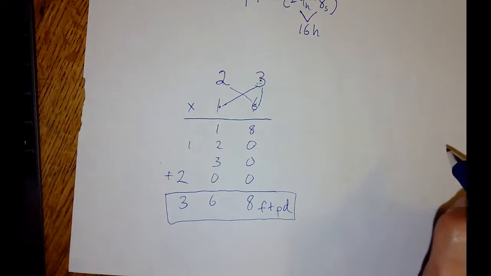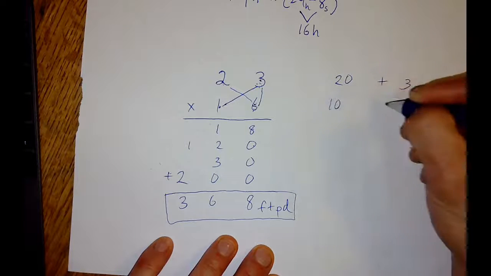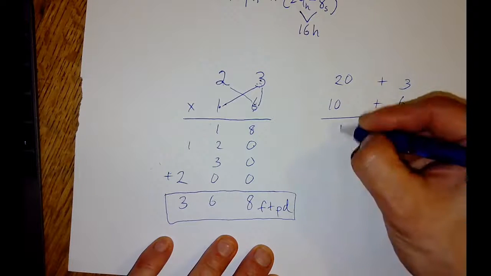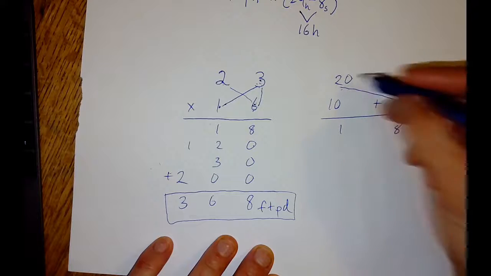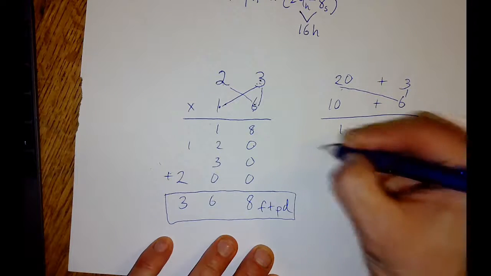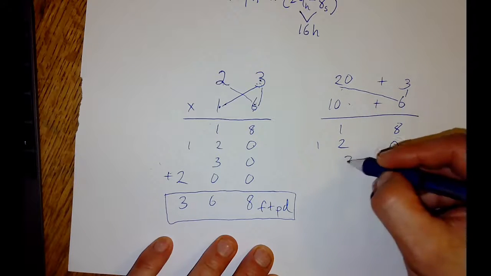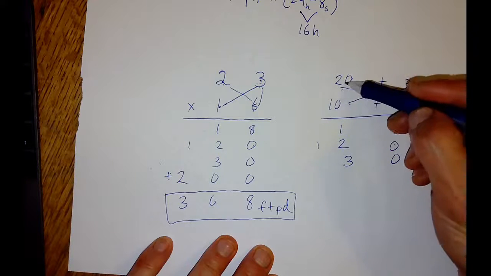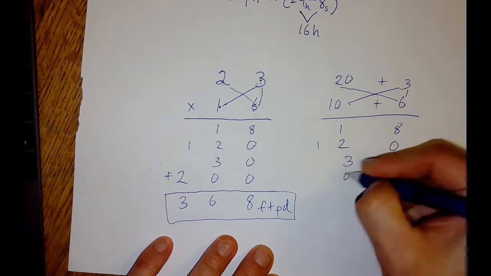That's a lot. To make sure it's really clear next to this, I want to show it in expanded form. 6 times 3 is 18. 6 times 20. 6 times 2 is 12 with a place value. 10 times 3 is 30. 10 times 20, we've got 1 times 2 is 2 with 2 place values.